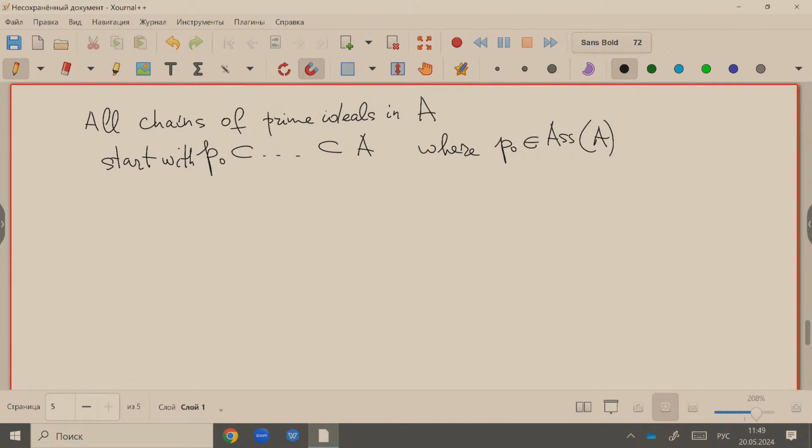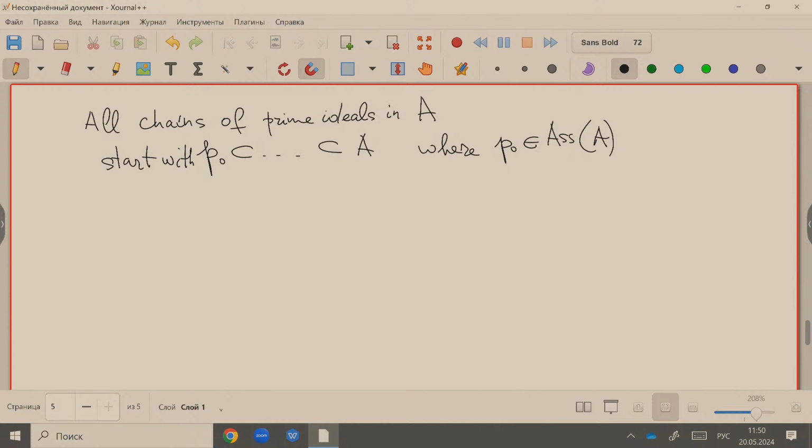By the way, here we also used an important fact. In prime avoidance, we need the set of ideals to be finite, so we used the fact that the set of associated prime ideals is finite.